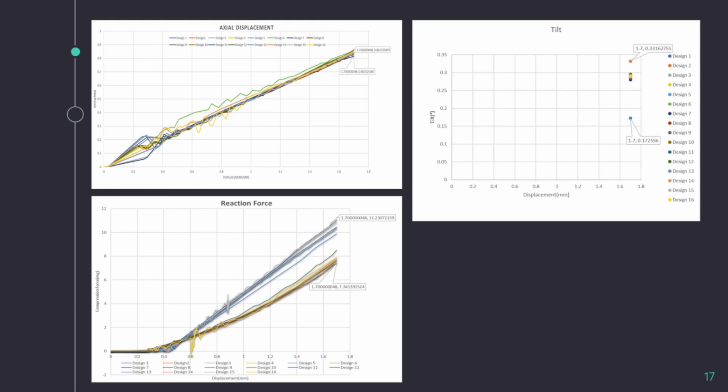For the reaction force graph, design 14 has the lowest reaction force, and for the axial displacement graph, you can see that design 7 has the lowest axial displacement. And for the tilt graph, we can see that design number 1 has the lowest tilt.